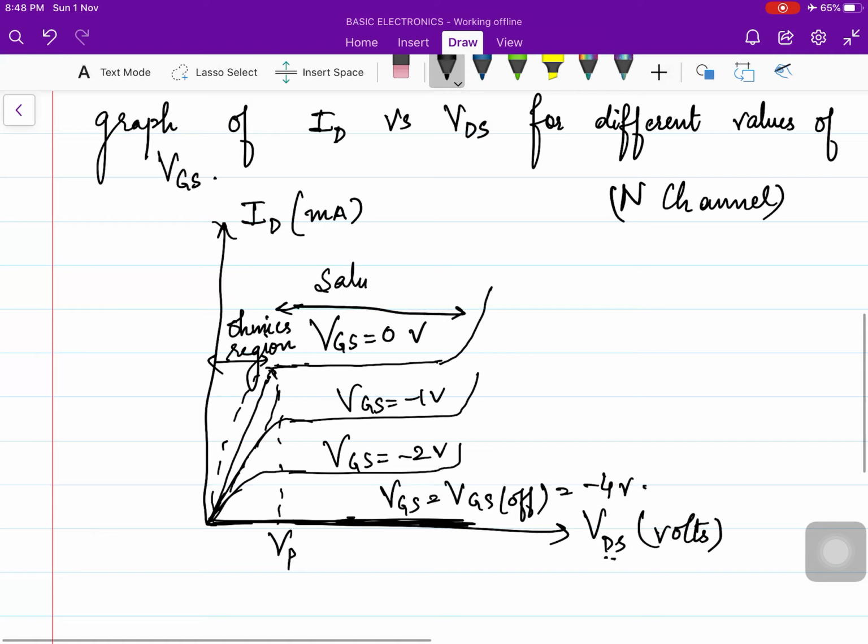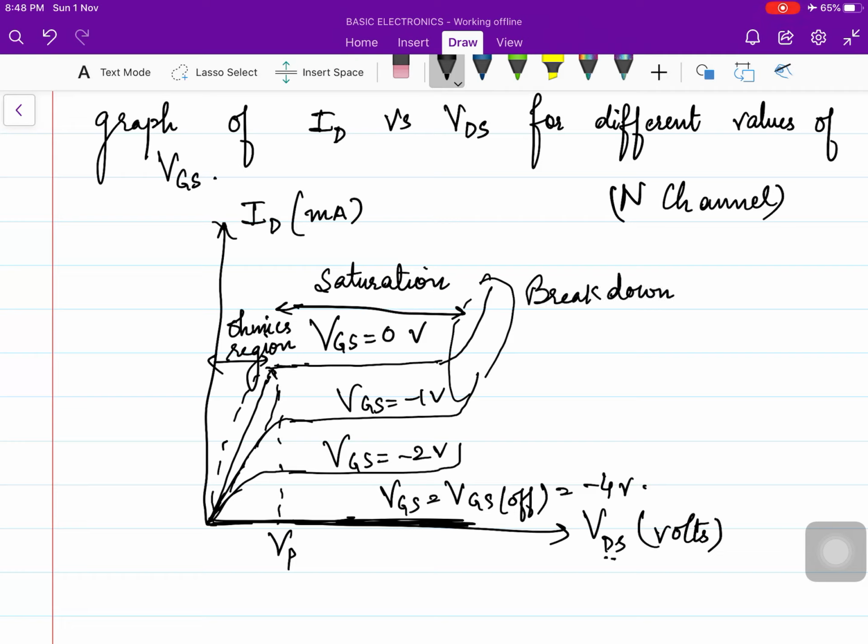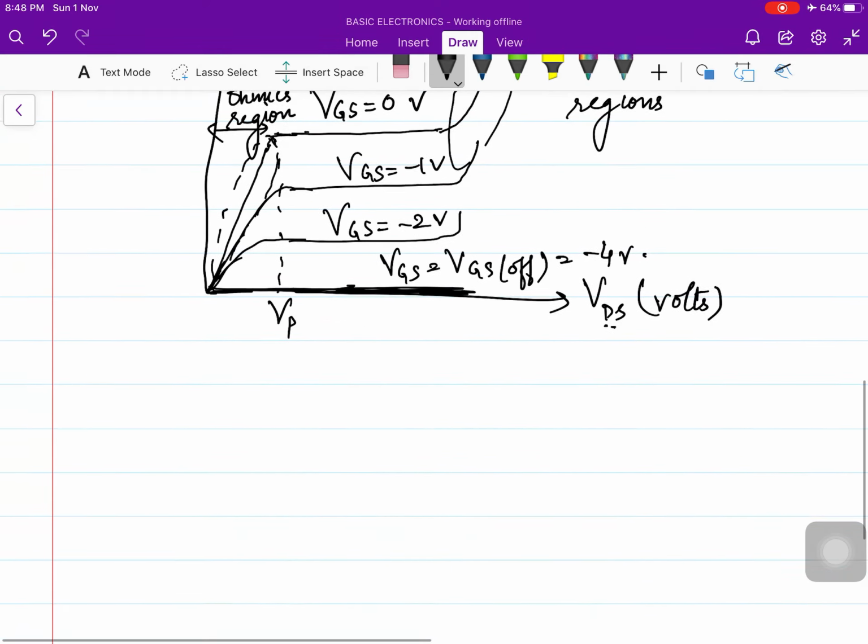The region where current remains constant is the saturation region, and this is the breakdown region. So this graph is divided into three parts: breakdown region, saturation region and ohmic region. So this is how we study the drain characteristics of n-channel JFET. Hope you must have understood.